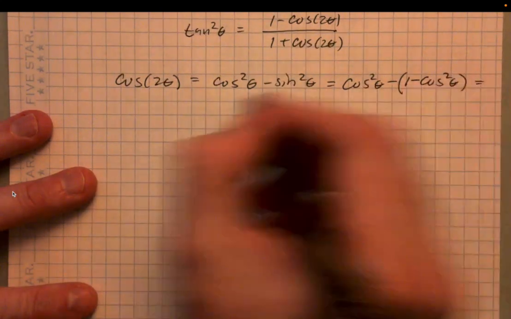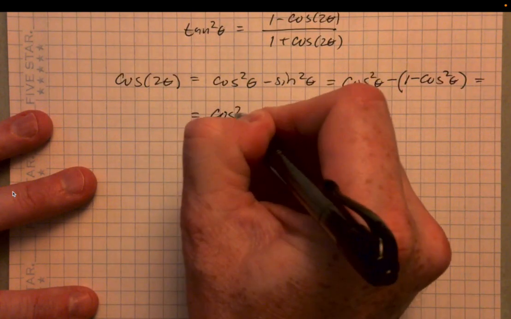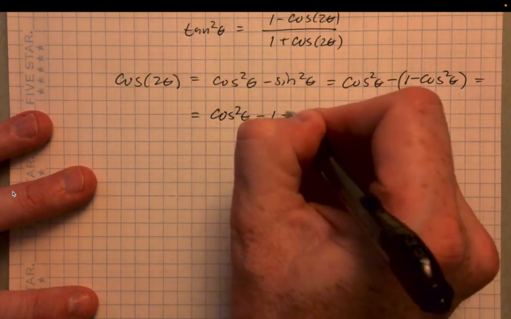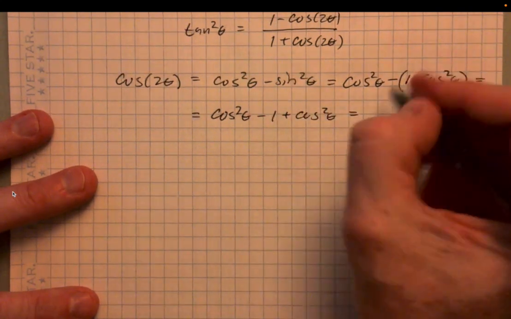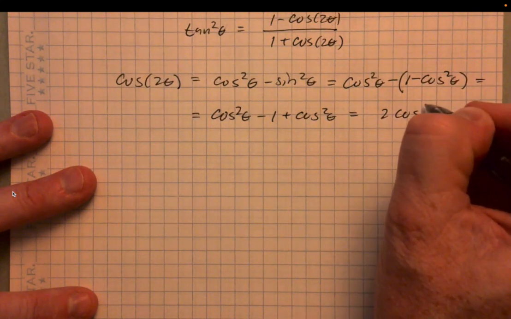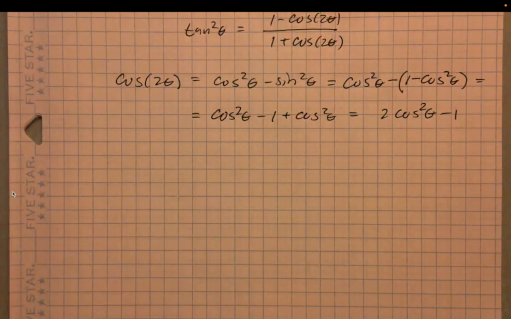Okay, we can do a little simplification there, so that's equal to cos squared theta minus 1 plus cos squared theta, right? And so there's where you're going to get the 2 cos theta. So you get 2 cos squared theta minus 1.